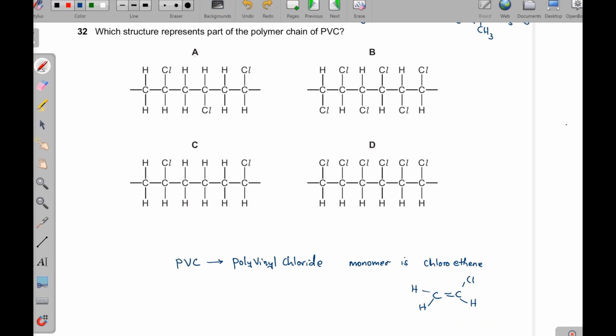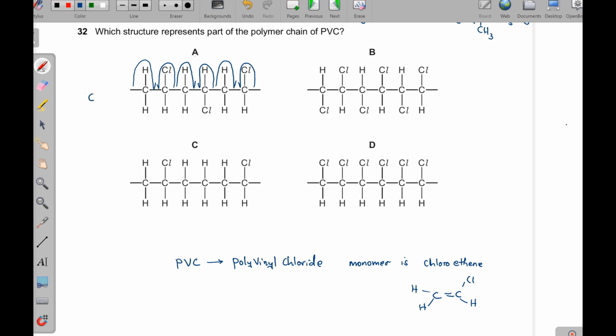When we look at the first one here, break this backwards, so you close it in. Remember, when we were forming the polymer, these bonds break outwards. So now I bring them inside. This one will go like that, then this one like that. So what do we get from here?